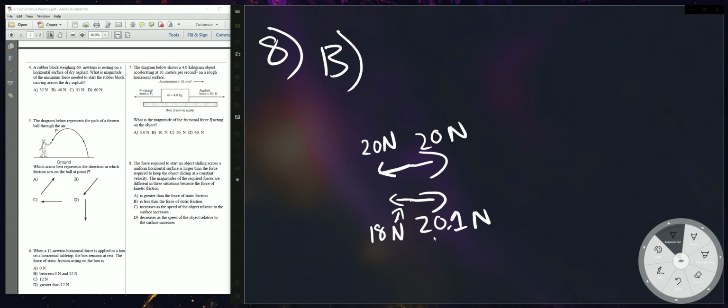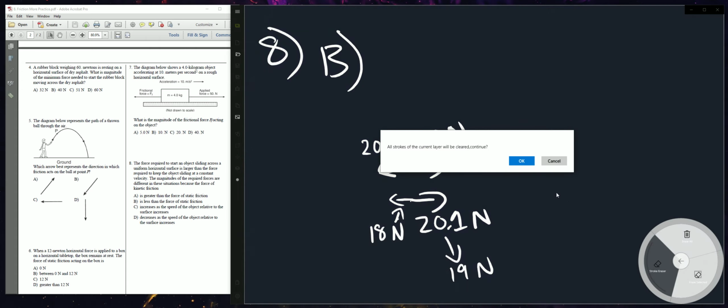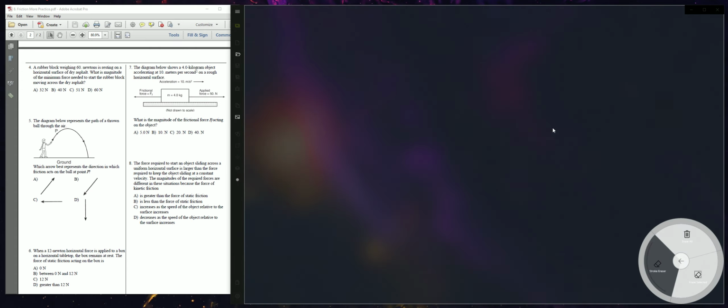Once it's already moving, I can just drop my force down to 19 newtons, and it can still move because it's already moving. I don't need as much force anymore to keep it moving, because my kinetic friction is always less than my static friction. All right, ask me any questions if you have any.